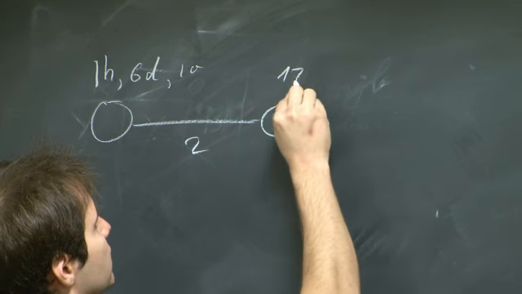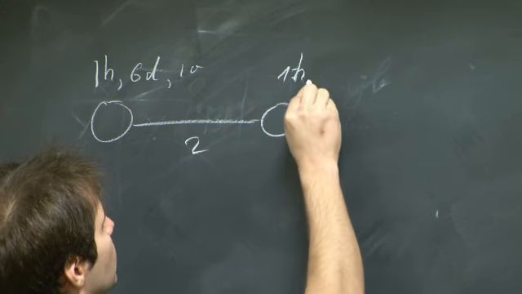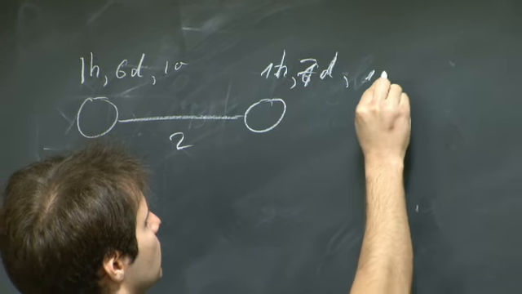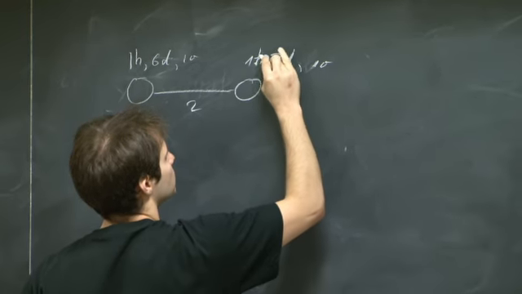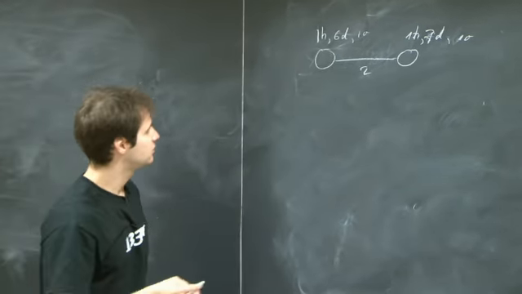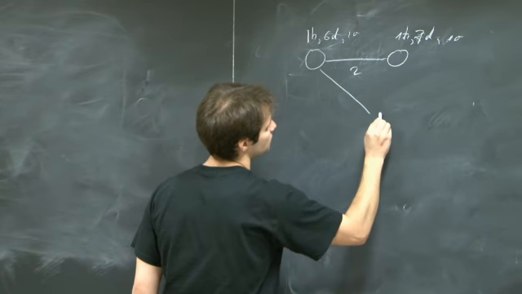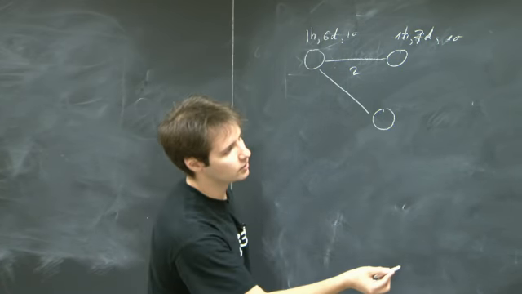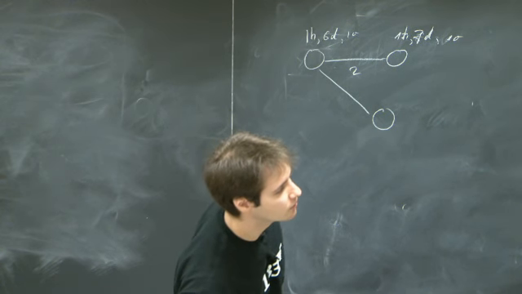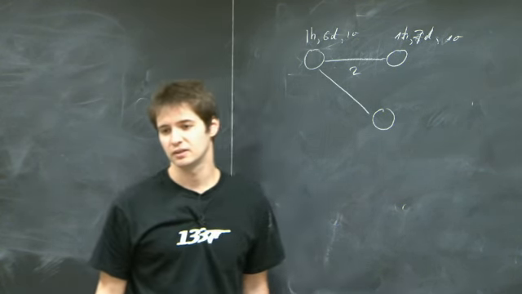And now we're going to be in the state of 1 hatchery, 7 drones, 1 overlord. If instead we want to build a hatchery, then we're going to need to accumulate 450.